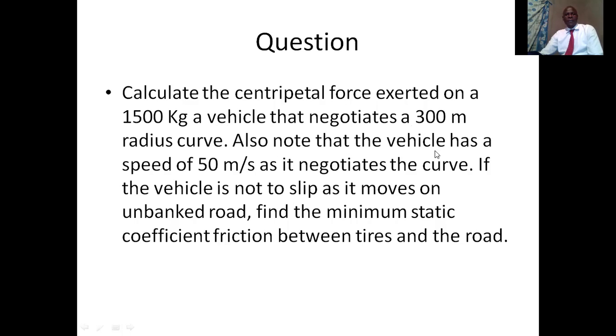Also note that the vehicle has a speed of 50 meters per second as it negotiates the curve. If the vehicle is not to slip as it moves on a banked road, find the minimum static coefficient of friction between the tires and the road.